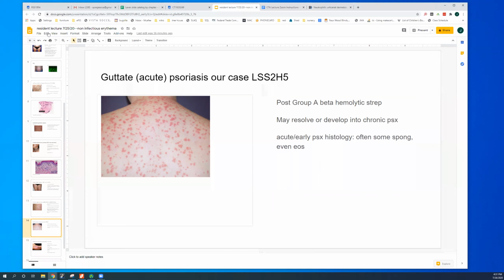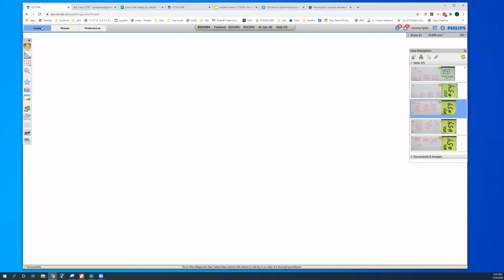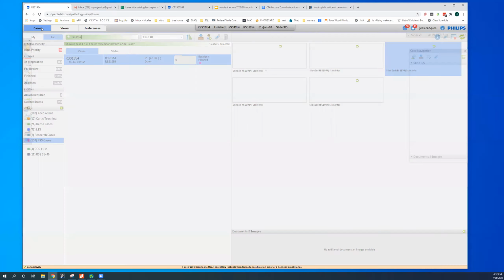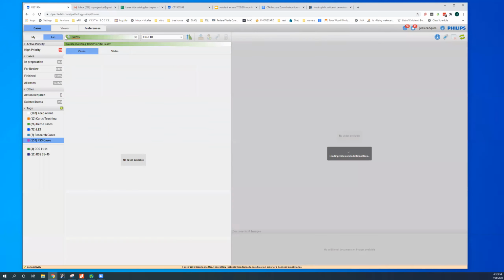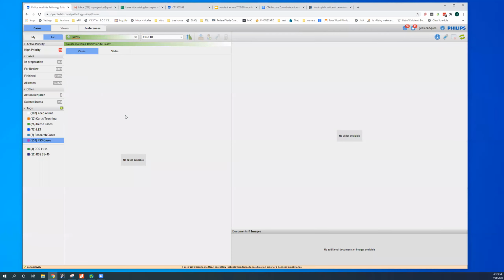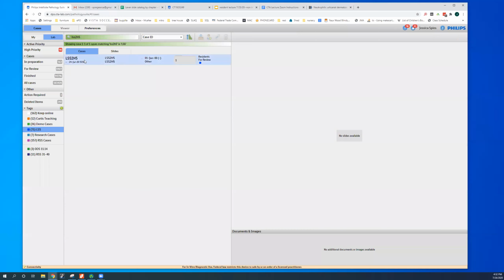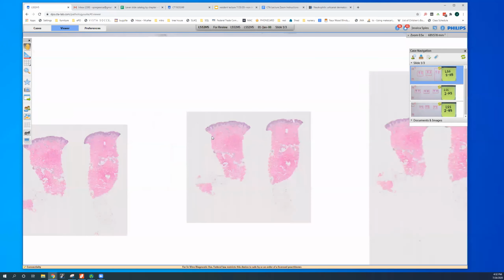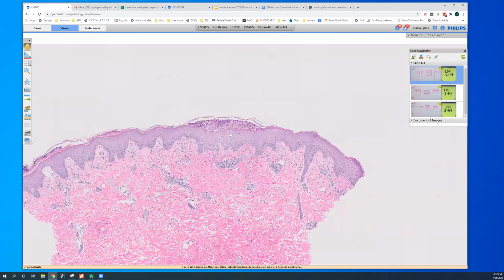We have 2H5. And I would say we see this fairly frequently. It's not unusual to get a biopsy of guttate psoriasis on any given day.